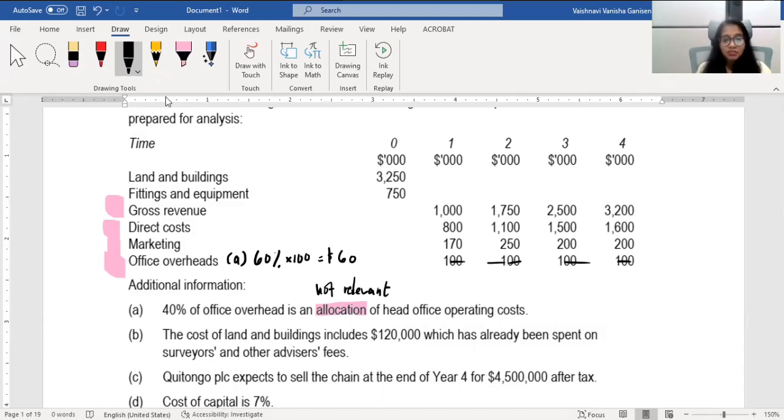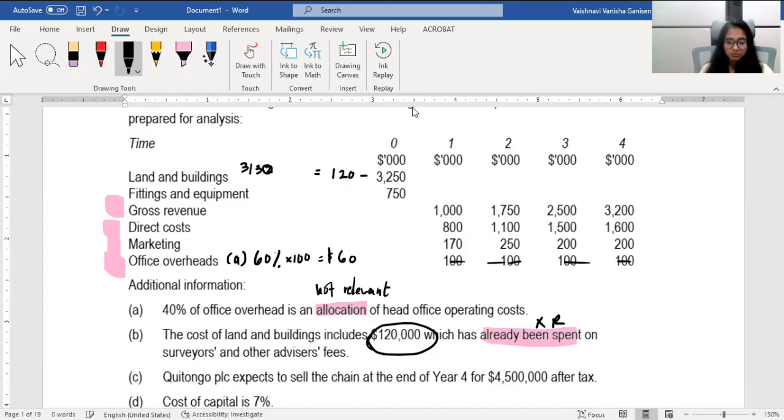B, the cost of land and buildings includes 120,000, which has already been spent on surveyors and advisors fee. So this is a historical cost, so it is not relevant as well. So please don't forget to remove 120 from the answer here.